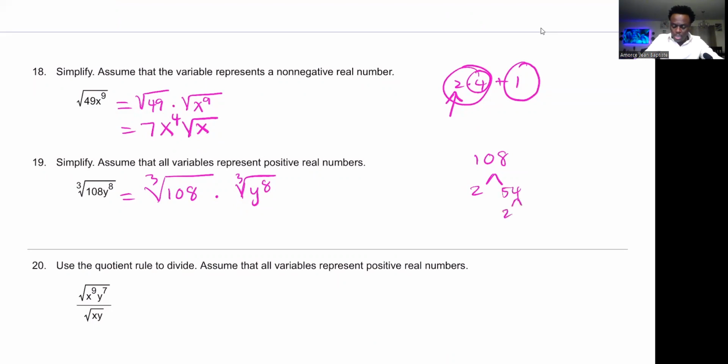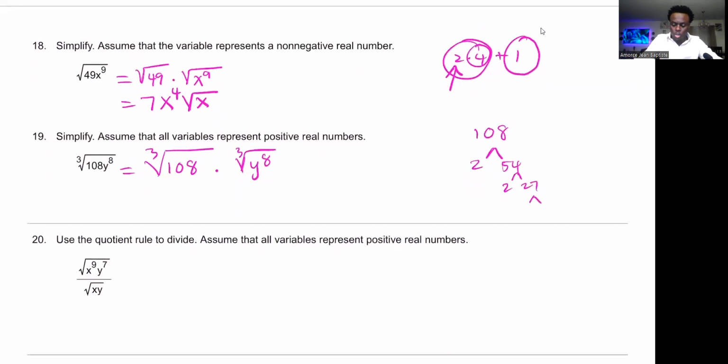Divide by 2 again, 27. 27 doesn't have a factor 2, so that's 3 times 9, and then 3 times 3. Cube root, so that's going to be a group of 3 threes. 3 goes out.